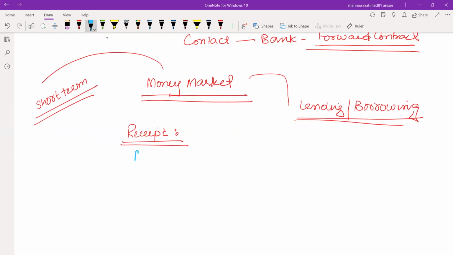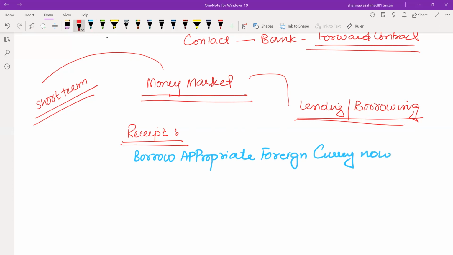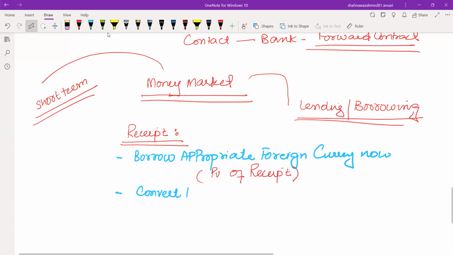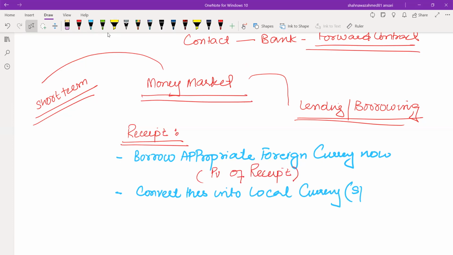So we borrow the appropriate foreign currency, that is USD in this example. And this is not the whole 500,000, but the present value of the receipt. Then we immediately convert this into local currency using the spot rate.